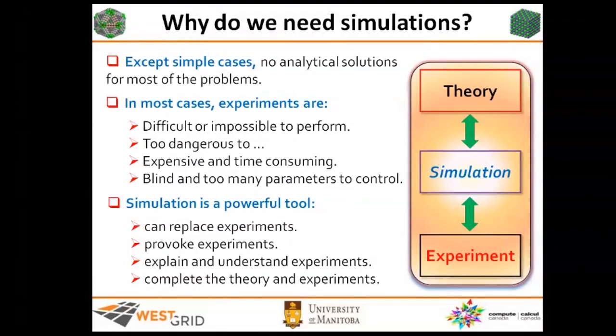However, if you use simulation, you can, for example, fix 3 or 4 parameters and just change one parameter. In this way, you can see the effect of this parameter.